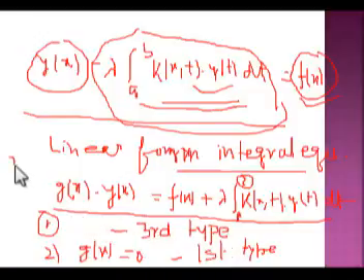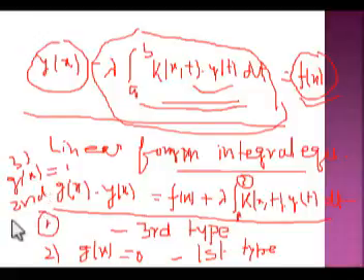Now it may be that gx is equal to 1. If we put gx equal to 1, then we get the second type of integral equation.